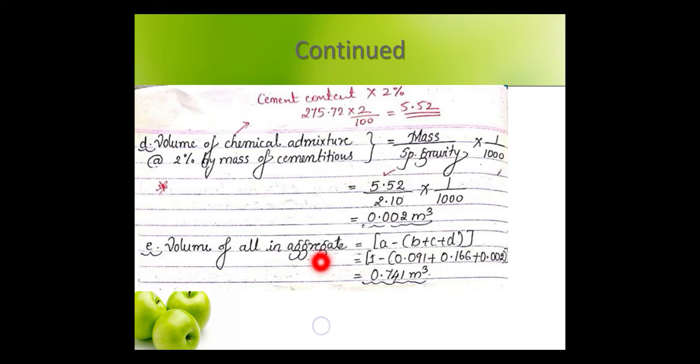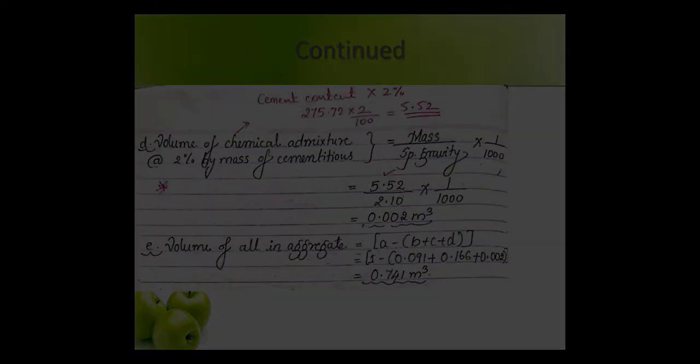So in that, what you need to do, in concrete you need to minus volume of cement, volume of water, and volume of chemical admixtures. In total concrete you need to minus volume of cement, volume of water, and volume of chemical admixture. So you will be getting volume of all in aggregate, that is 0.741 meter cube.